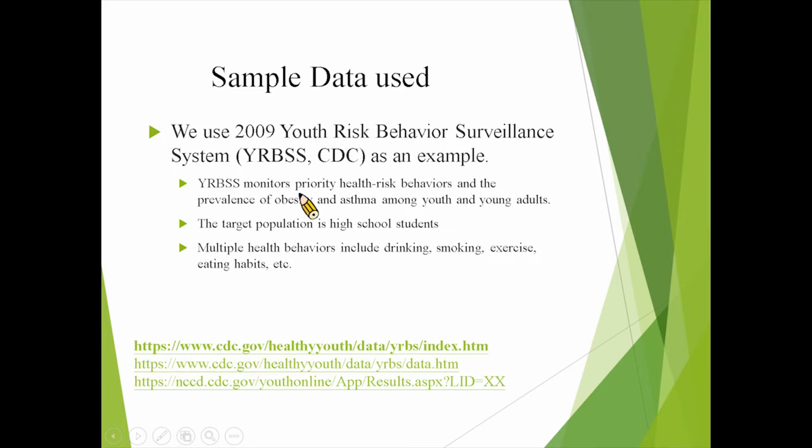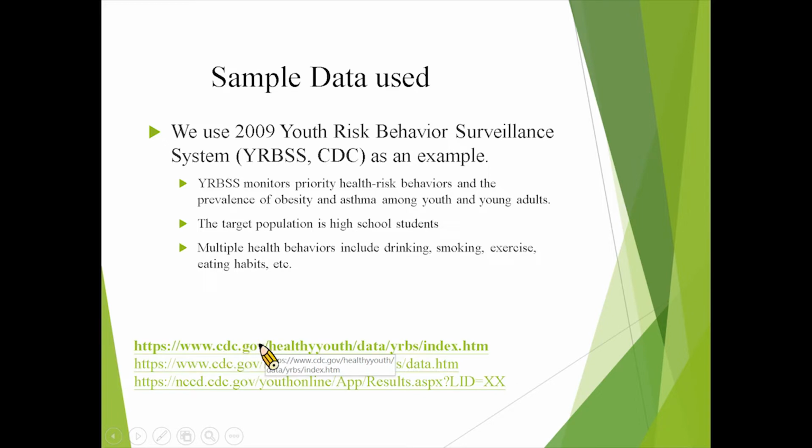It monitors multiple health risk behaviors and the prevalence of obesity and asthma among youth and young adults. The target population is high school students, and the multiple health behaviors include drinking, smoking, exercise, eating habits, etc.